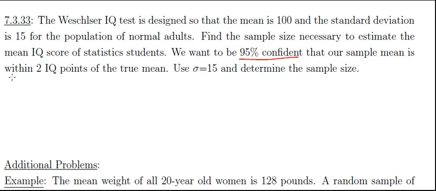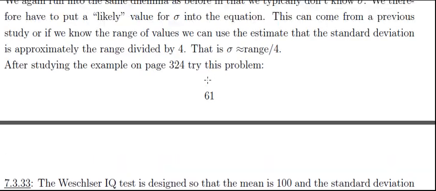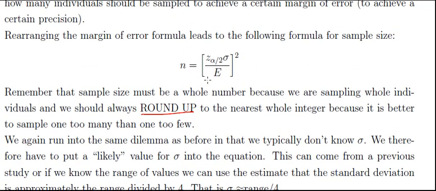That the sample mean is within 2 IQ points, and so that would be the margin of error. We want to be within plus or minus 2 points. And then sigma is 15. So I have all the ingredients to use this formula. I have z, because I know that it's 1.96 for 95%. Sigma and e are given to me.